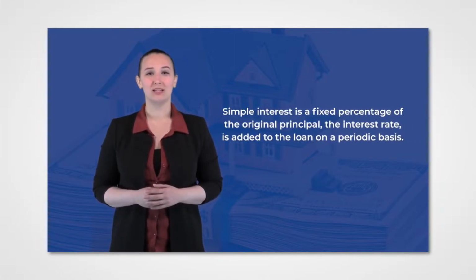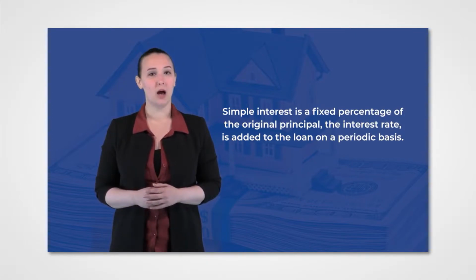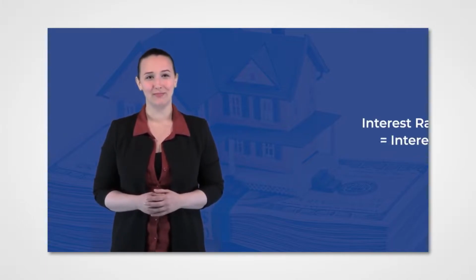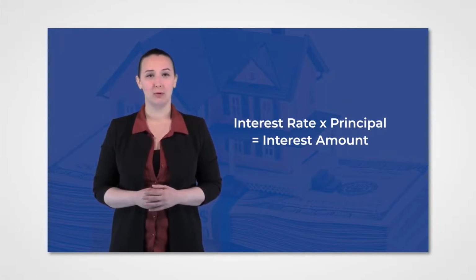With simple interest, a fixed percentage of the original principal, the interest rate, is added to the loan on a periodic basis. In other words, every month, for example, an amount equal to 15% of the principal would be added as interest to the cost of the loan. Simple interest is found using this formula. Interest rate multiplied by the principal equals the interest amount.